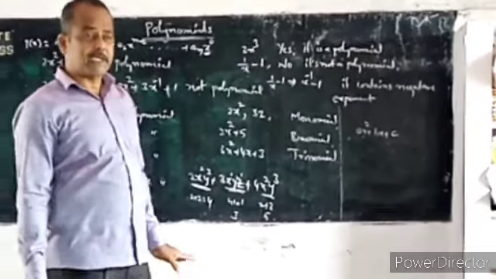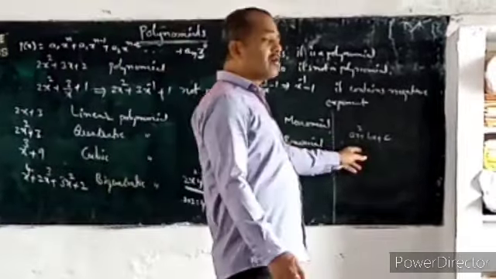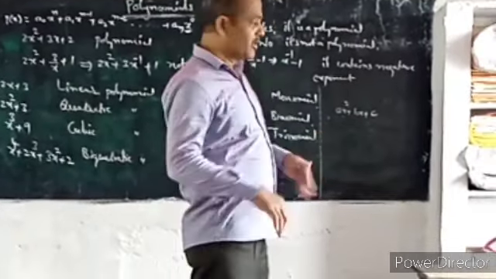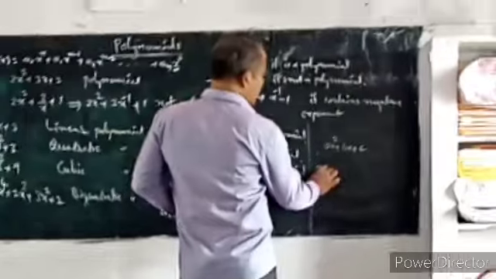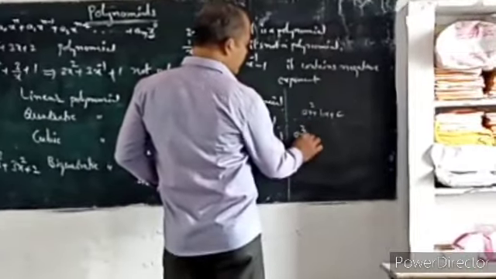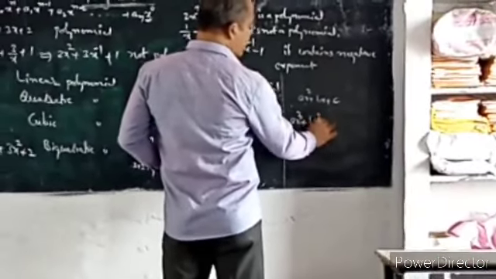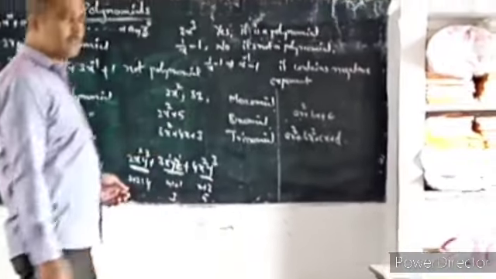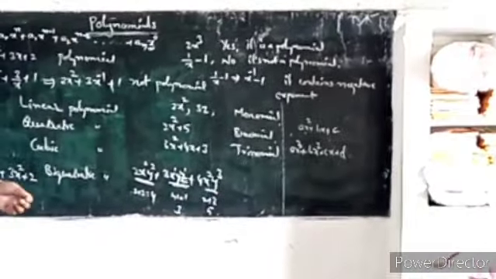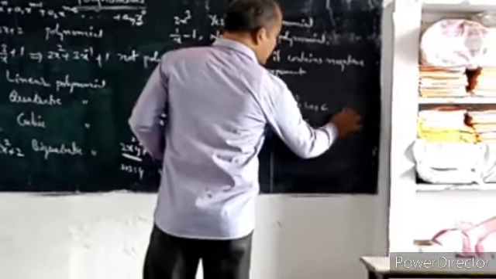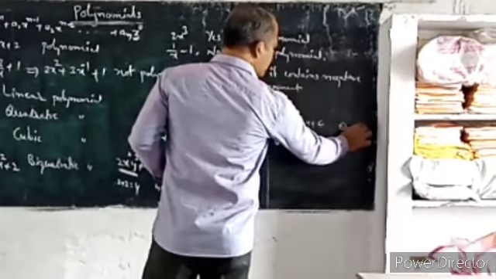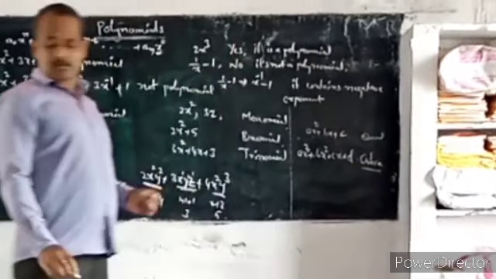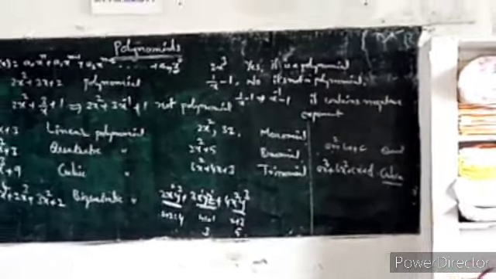For the cubic, it is ax cube plus bx square plus cx plus d. That is the cubic.